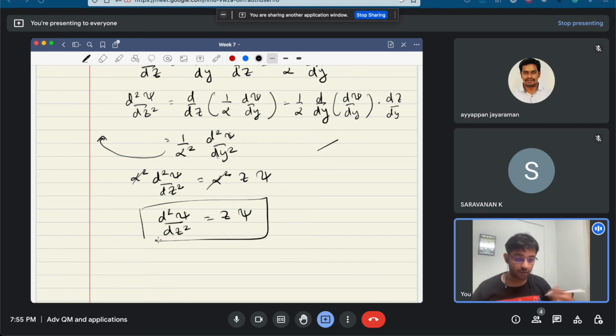And the general solution for such a wave function is given in the form of Airy's functions, a Ai(z) plus b Bi(z).